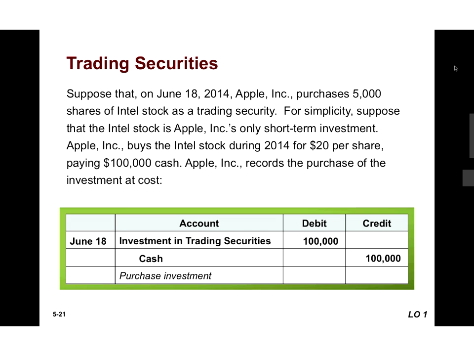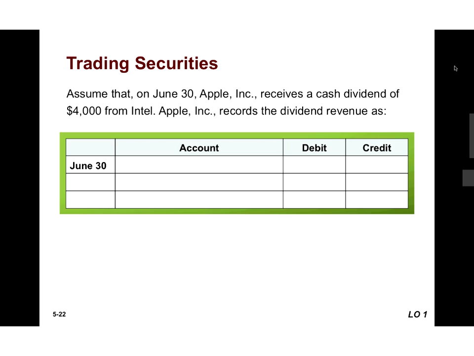Whenever you see the words common stock as an account name, it refers to the equity of that company. Apple has its own common stock, its equity. When they buy Intel stock, it's classified on the balance sheet as investment in or marketable security. So that's what happens when we buy it.